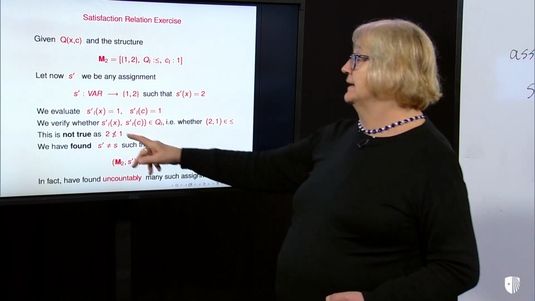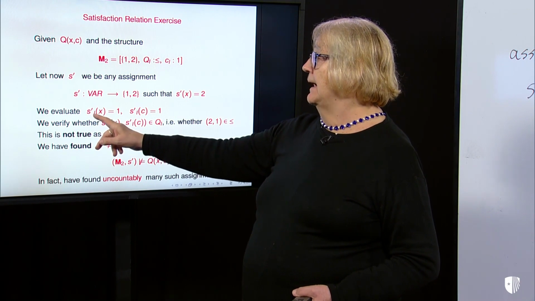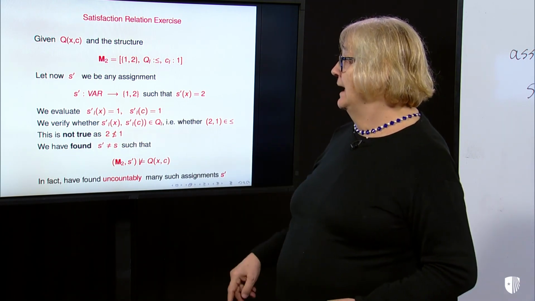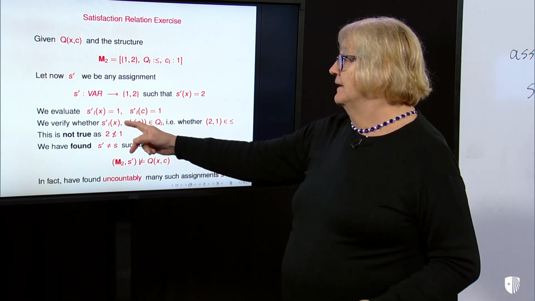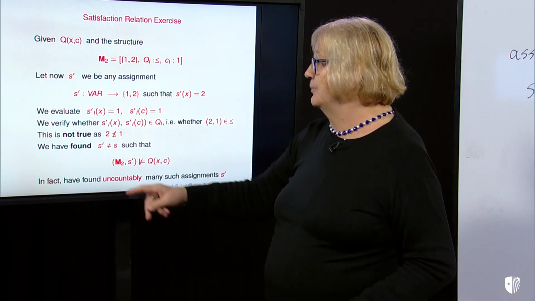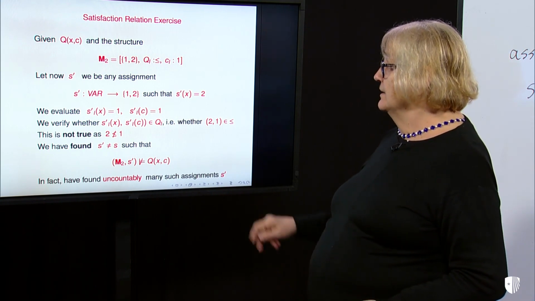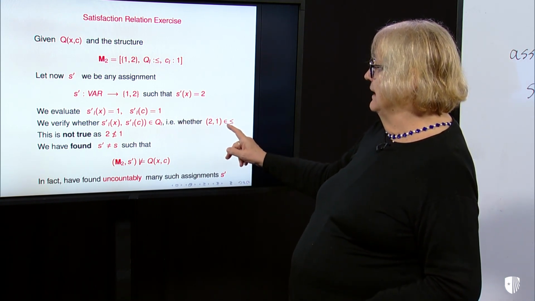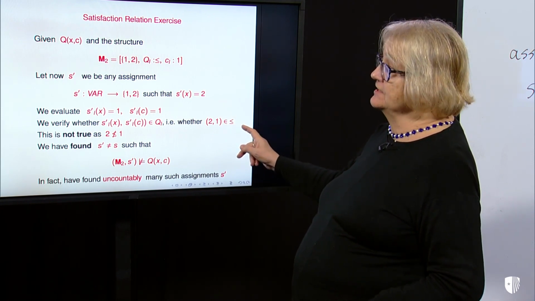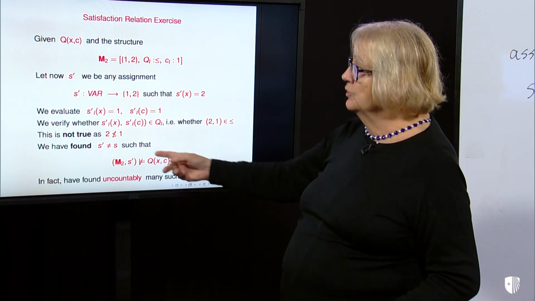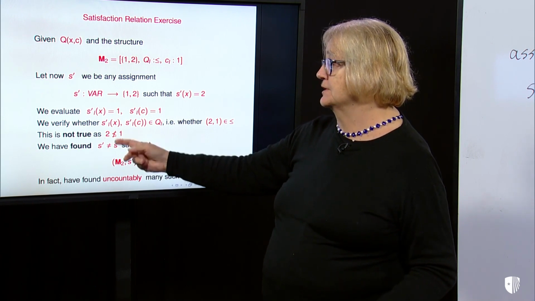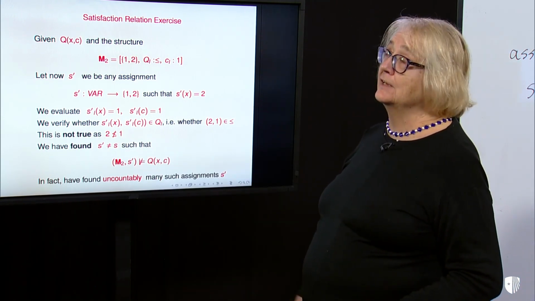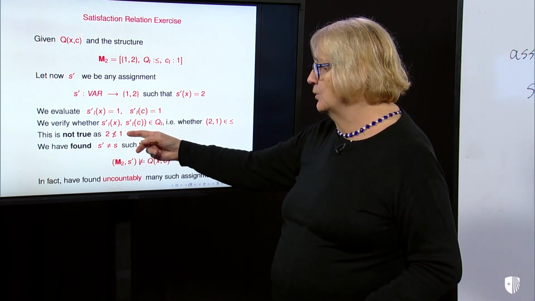So we evaluate S prime of x is 2, and S prime of c is 1, and we verify whether this S prime is in Q. It means that 2, 1 has to be in the relation less equal, but it's not true, because 2 is not less equal 1.